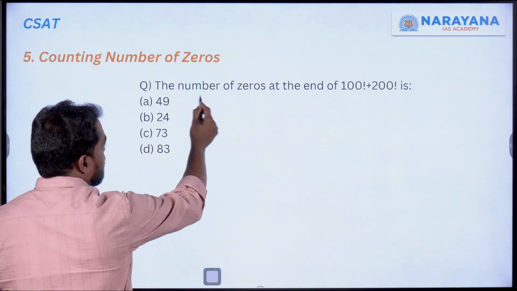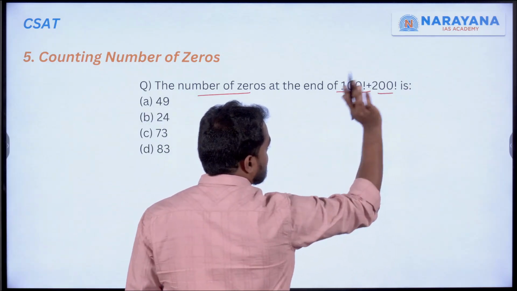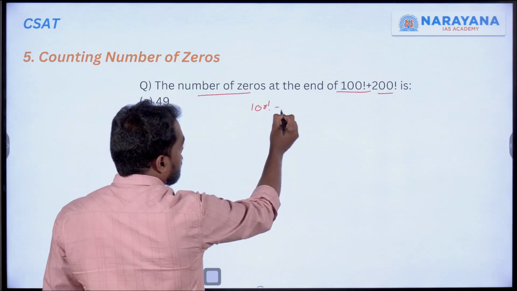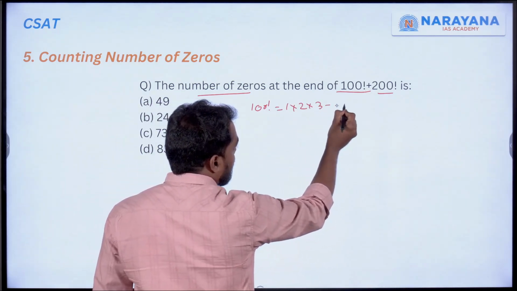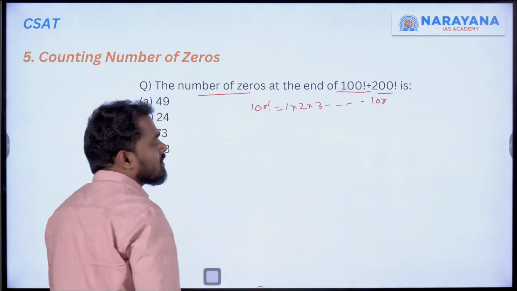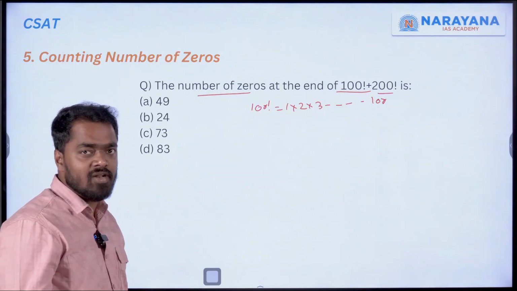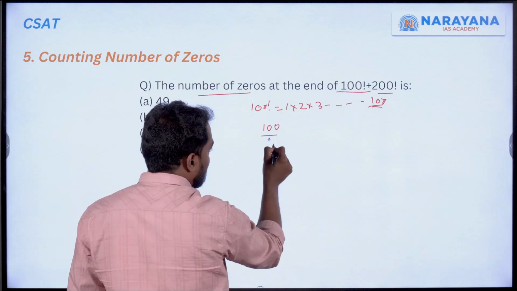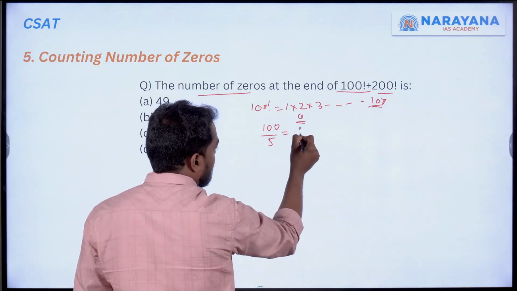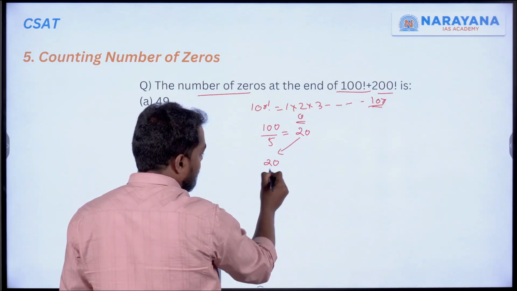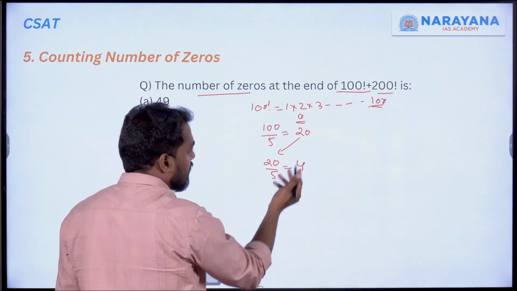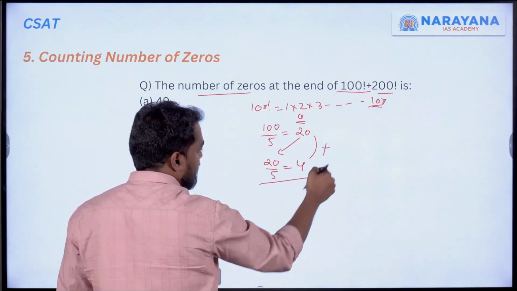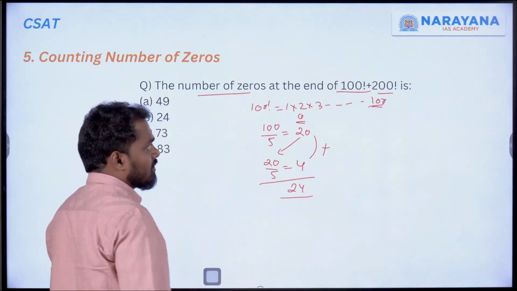What is the number of zeros at the end of 100 factorial plus 200 factorial? 100 factorial is nothing but 1 into 2 into 3 and so on to 100. So this is continuous multiplication of numbers. Apply the second process, that is, take the 100 and divide it by 5. What is the quotient? 20. Take 20 again, 20 by 5, the quotient is 4. The number is less than 5, so stop the process. So the total is 20 plus 4, 24 zeros.